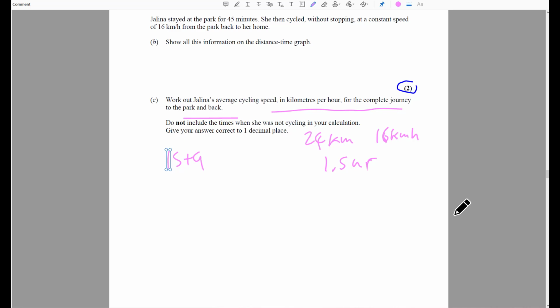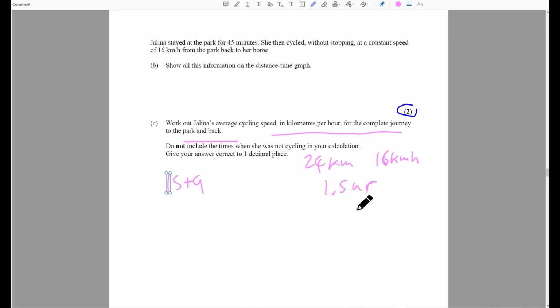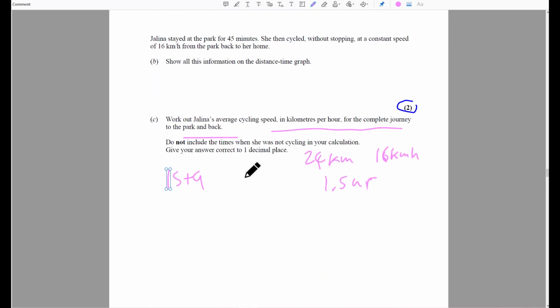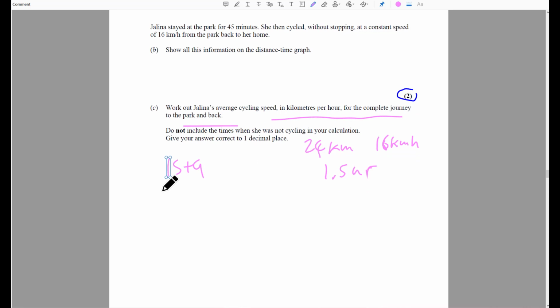We need to find total time. So we've got 1.5 hours. I'm pretty sure this was 1 hour. And I said 3/4 of an hour, right? So I'm going to write this here. This speed was 1 hour. That was 45 minutes, which is 3/4. And that journey home was 1.5 hours.